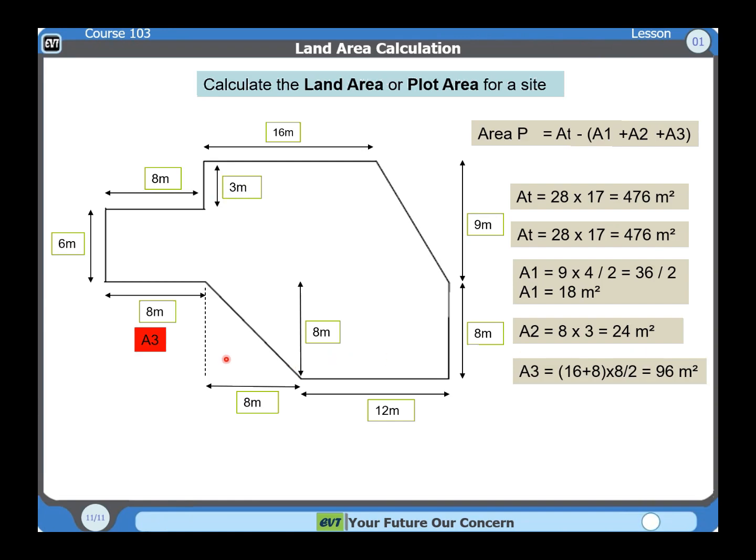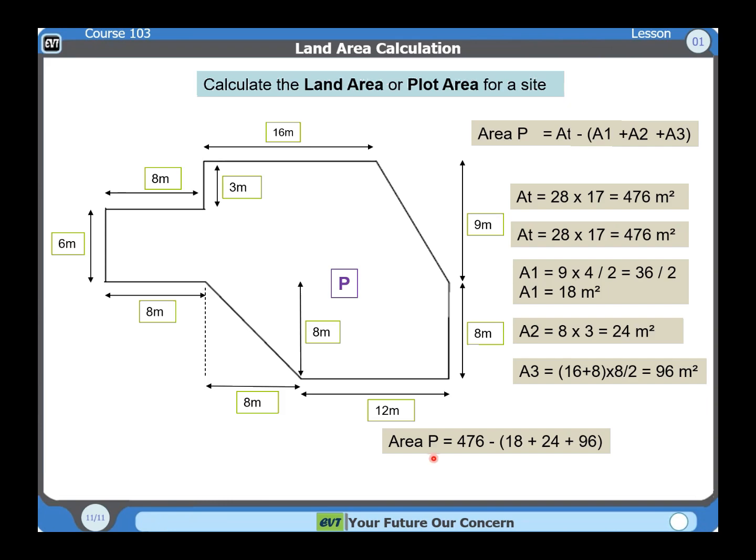Now we go to calculate A3, which is the shape of a trapezoid. Big base is 16 plus small base is 8, times the height of 8, all divided by 2, gives 96 square meters.